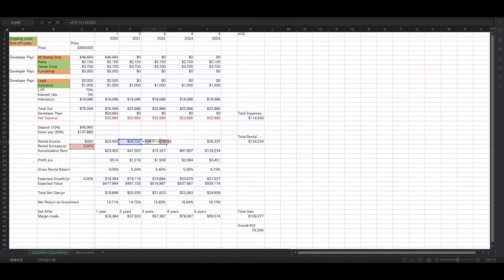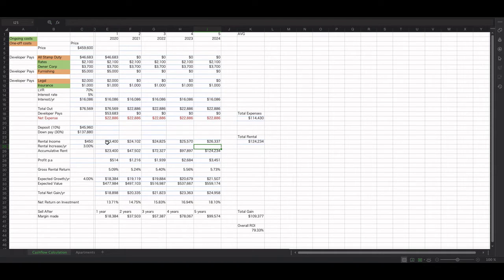Your third year is going to be the second year times 1.03, so the second year plus another 3%, and so on and so forth. So your fifth year, your rental income would be 3% higher than your fourth year. I'm sure you get the idea.